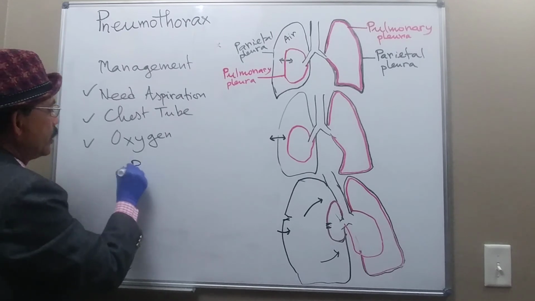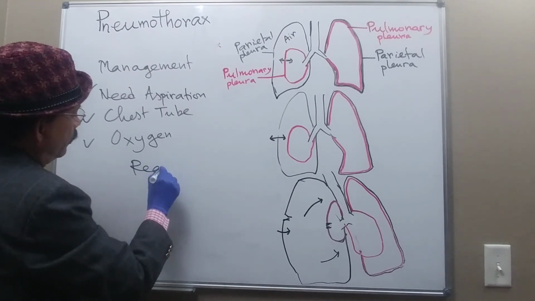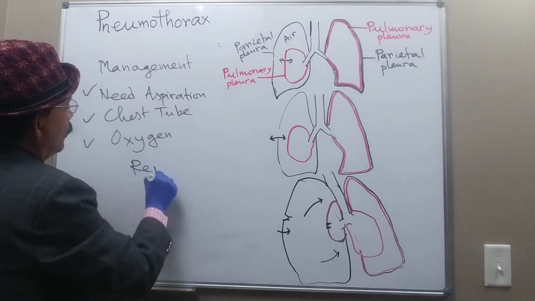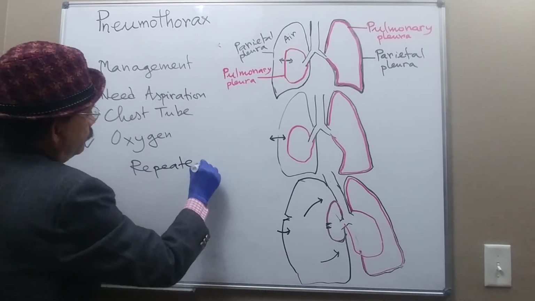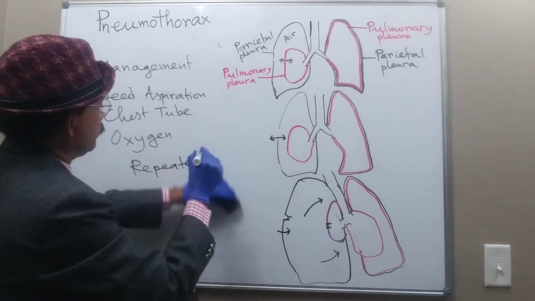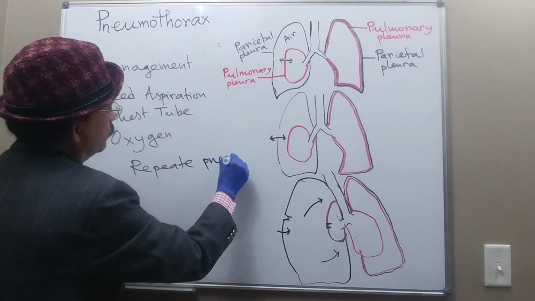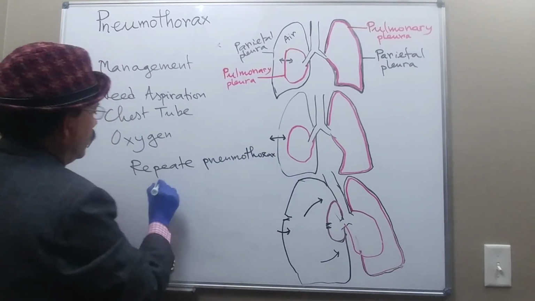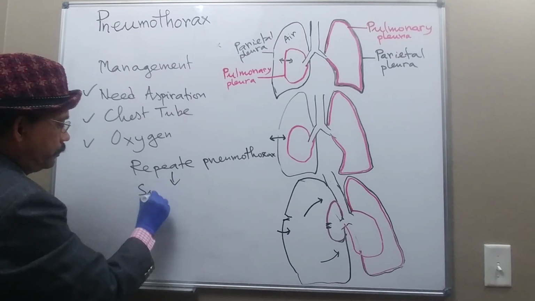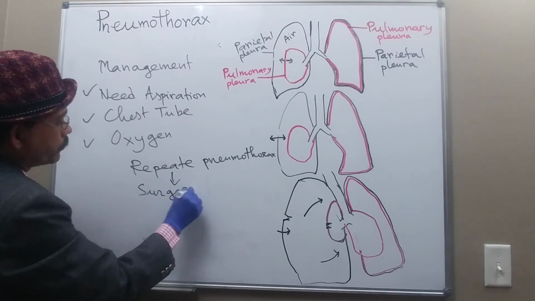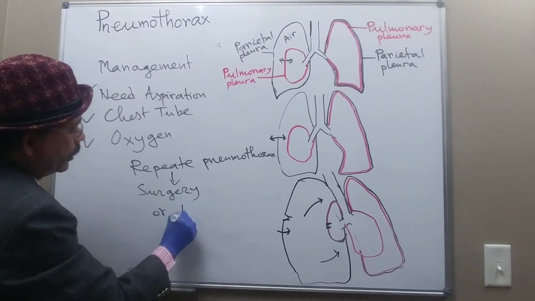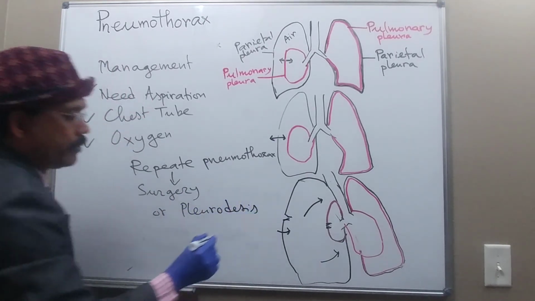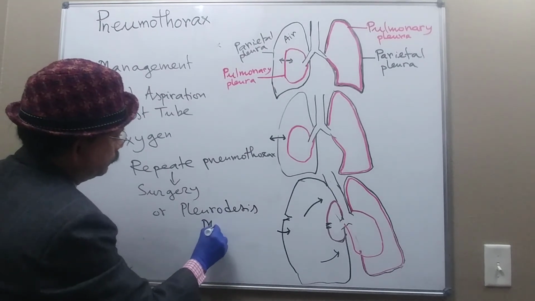If it is repeated or recurrent pneumothorax, you can do surgery or pleurodesis with a tetracycline called minocycline.